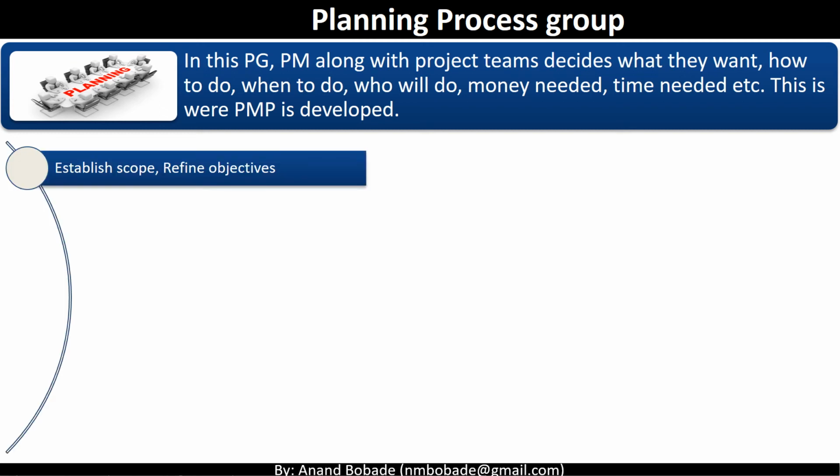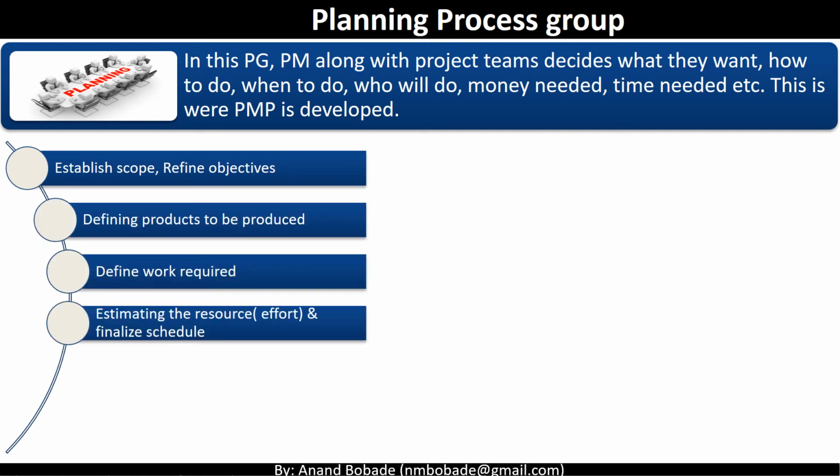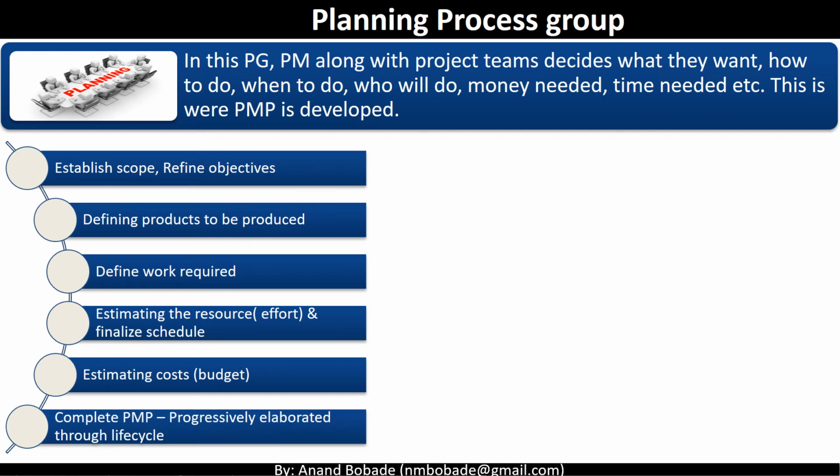You establish scope, refine objectives, define the product to be produced, define the work required, estimate the resources and efforts and finalize the schedule, estimate cost or budget. You complete the project management plan, which is progressively elaborated throughout the life cycle.